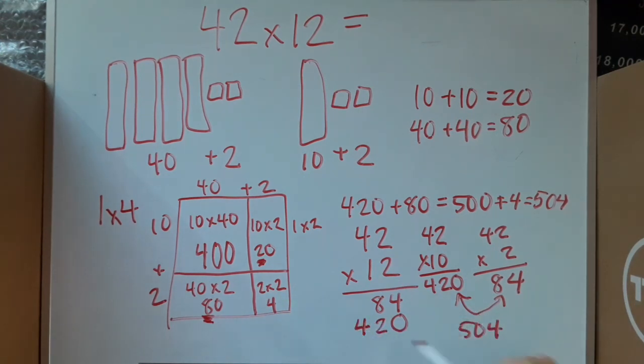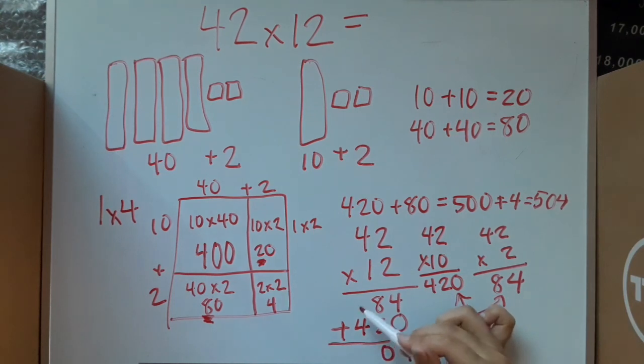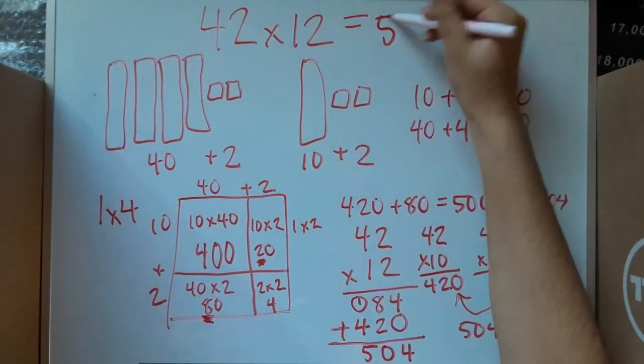And you can see how this gets compressed into this one problem. Now that we have 84 from doing 42 times 2 and 420 by doing 42 times 10, we can add them together to get 4, 0, and 5. 504, which is our answer.